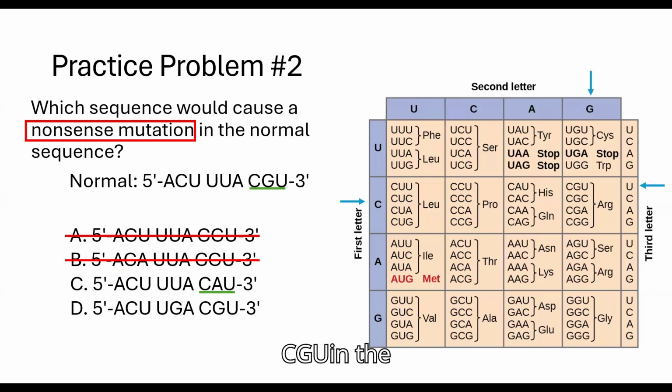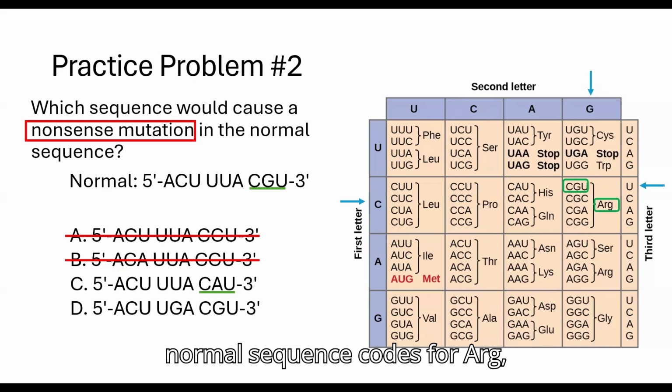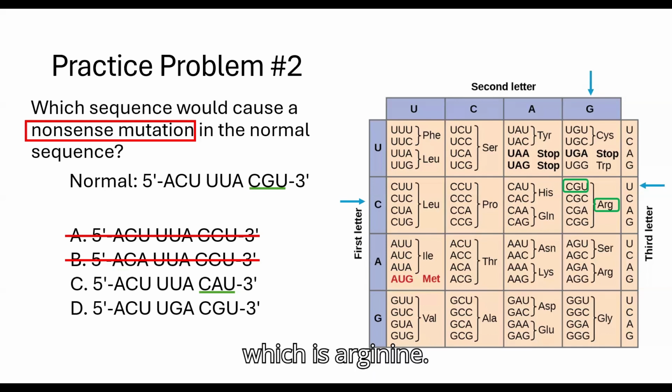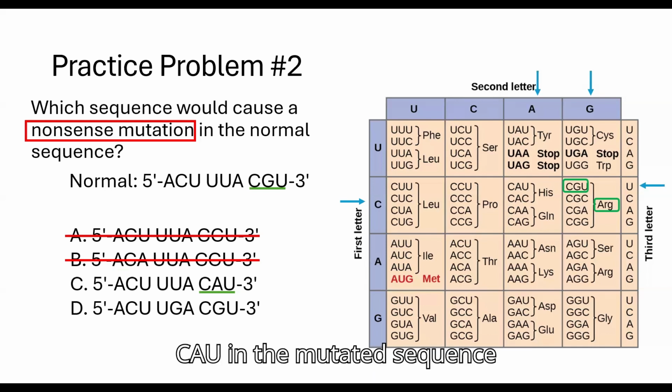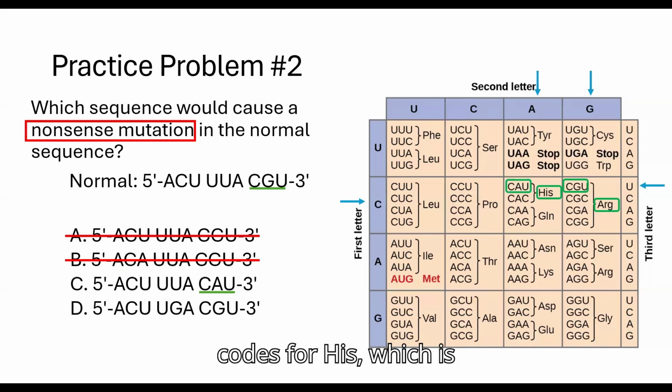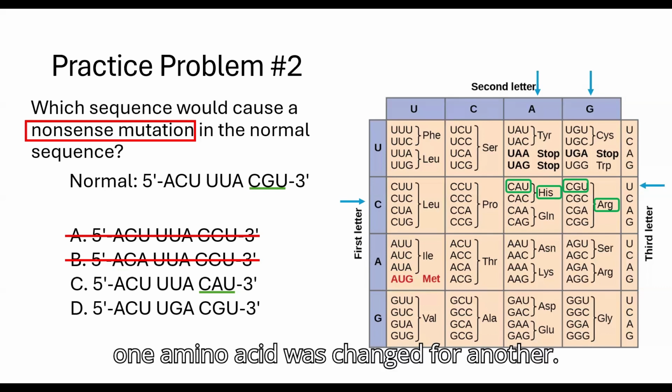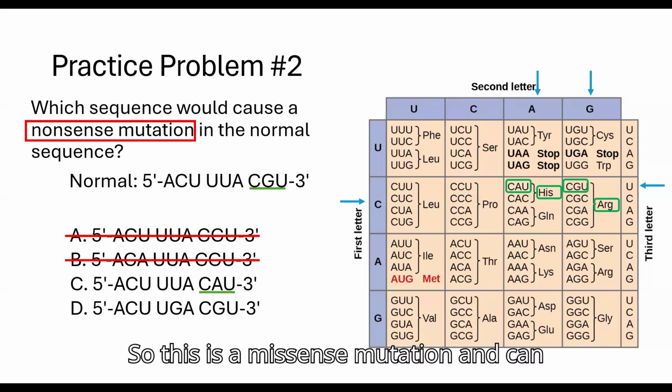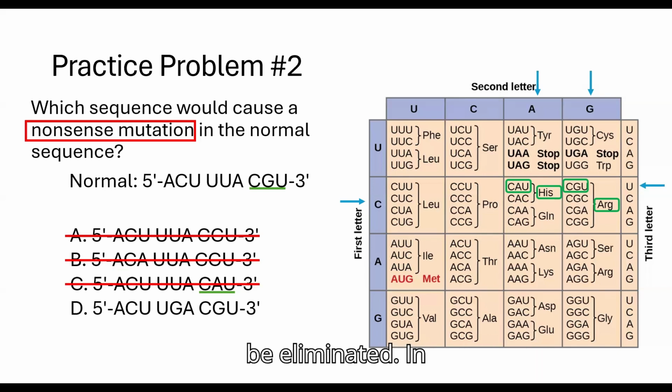CGU in the normal sequence codes for ARG, which is arginine. CAU in the mutated sequence codes for HIS, which is histidine. Here, one amino acid was changed for another, so this is a missense mutation and can be eliminated.